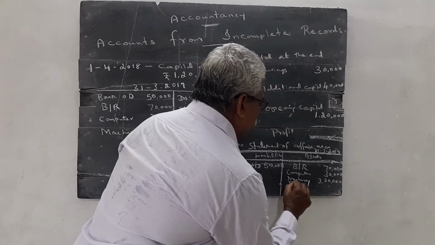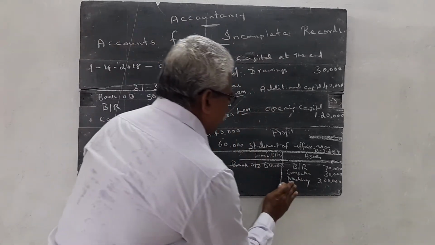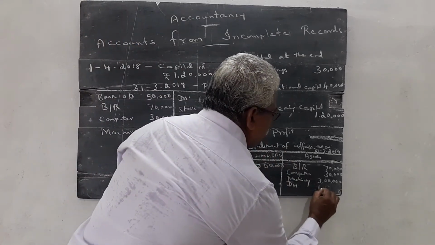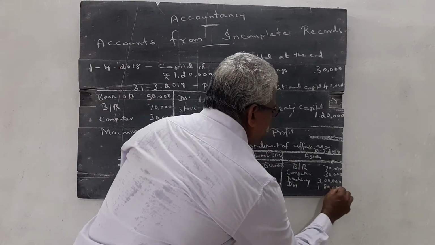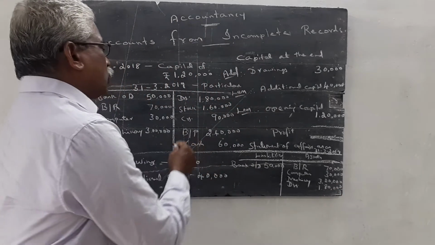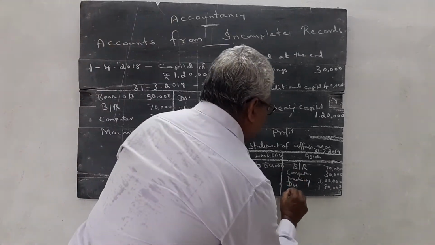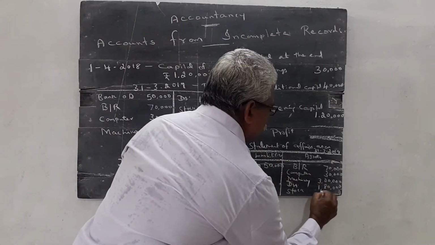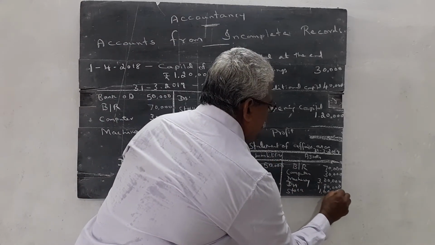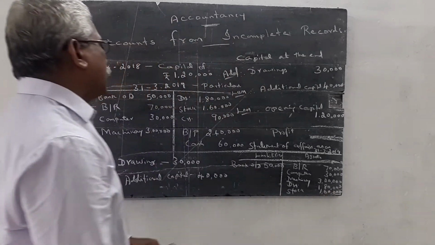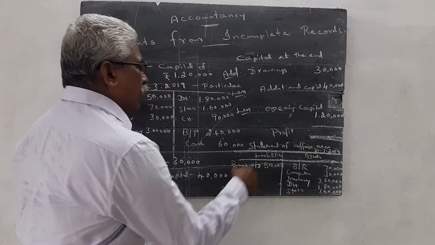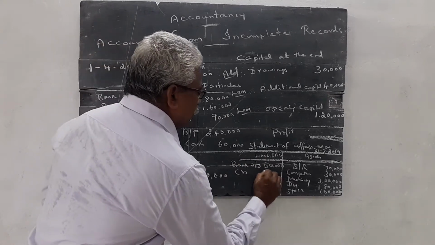Then debtors value 1,80,000. Then stock 1,60,000. Stock value 1,60,000. Then creditors come on the liability side. Creditors 90,000.